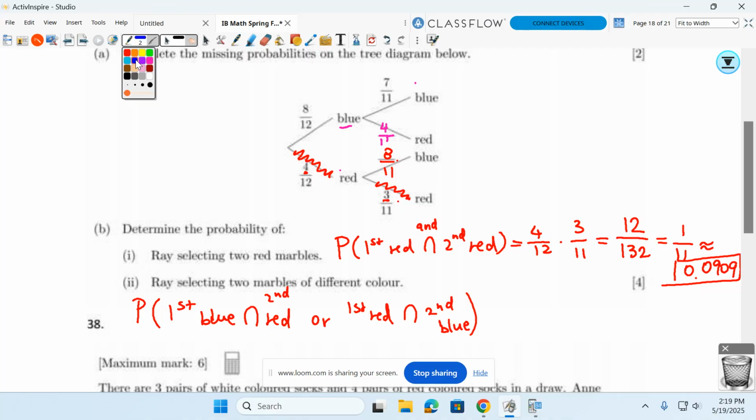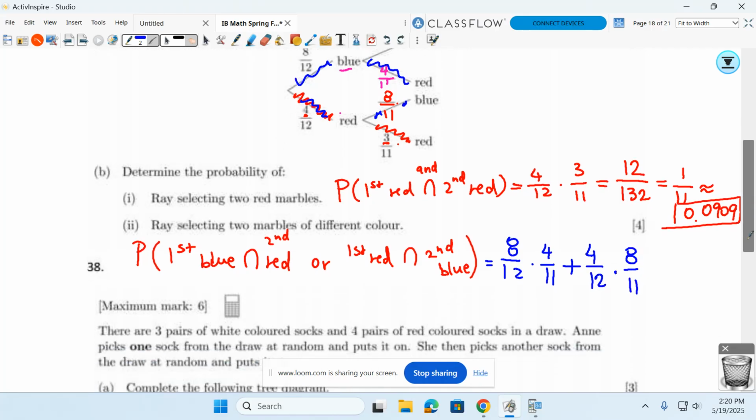Getting blue and then red is going to be 8 over 12 times 4 over 11, or, so plus, red and then blue. So that's 4 over 12 times 8 over 11.